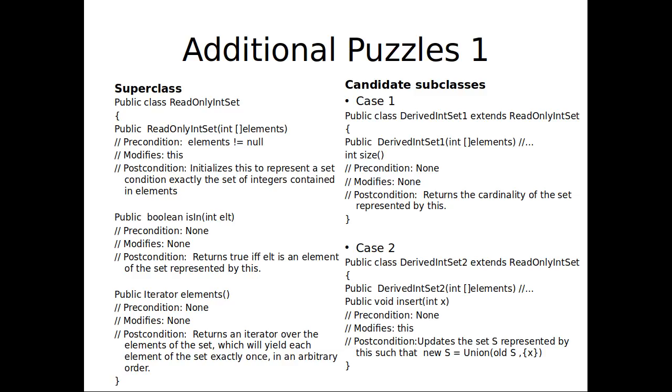But secretly, if it was a derived inset 2, someone could insert it somewhere else in the code, not in our code. We only know it's a read-only inset, but somewhere else in the code that knows it's a derived inset 2, maybe in a method we call off to from our code, it actually calls insert on it and puts 2 in it. Now in our code, we count on the fact that once we check if 2's in it, we never have to check again, right?